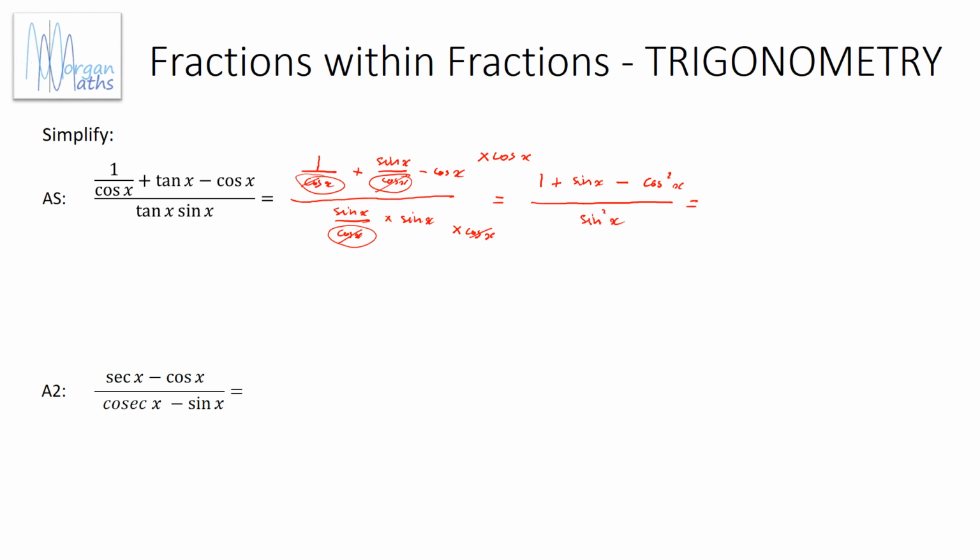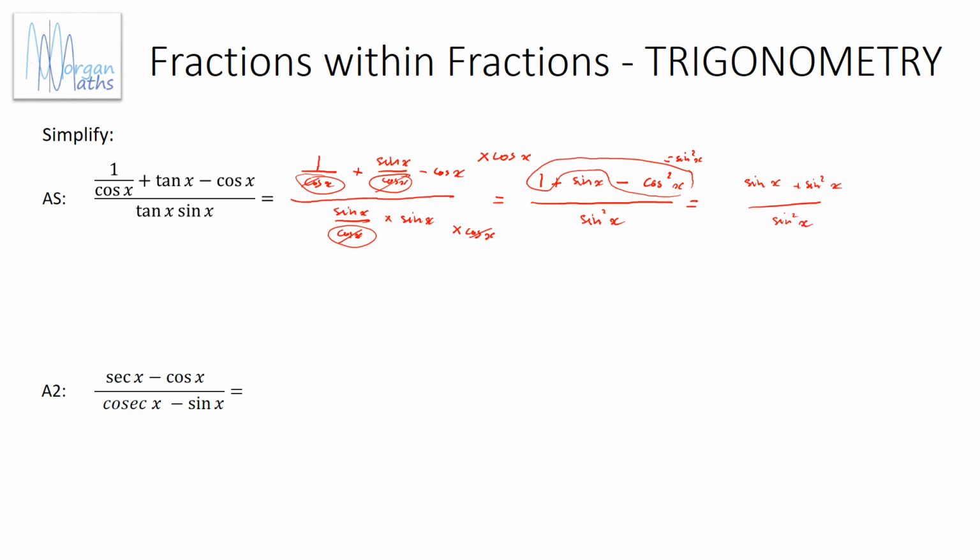Okay, what could we do next with that? Generally they will tell you what the target is. On here, I would spot that there's a 1 and a minus cos squared x, and that equals sine squared x. So we end up having sin x plus sine squared x over sine squared x.